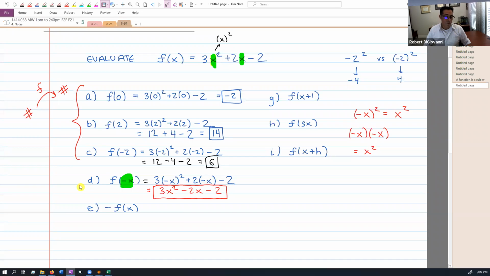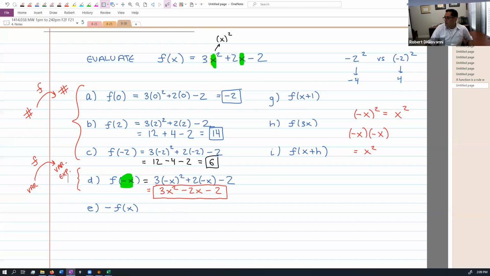In part D, for the first time, a variable went in to the function, and then a variable expression came out. We plugged in -x, and it spit out not a number, but a variable expression. Very important concept here. Numbers go to numbers, variables go to variables.